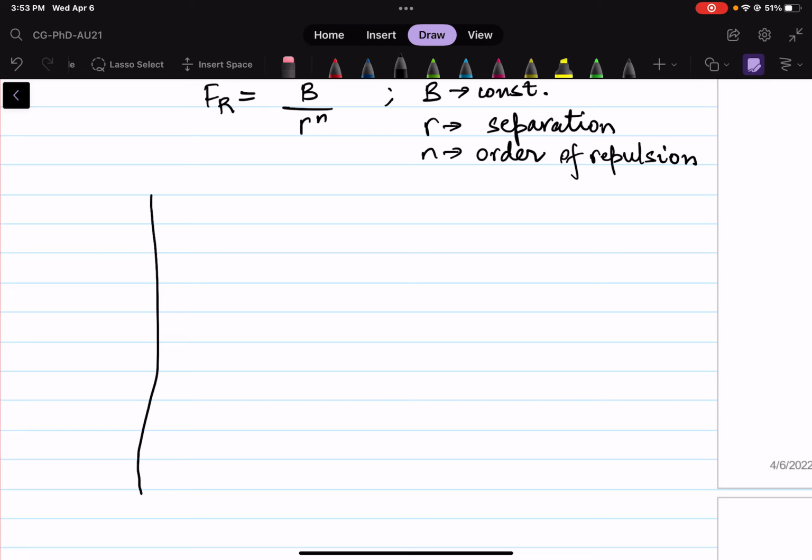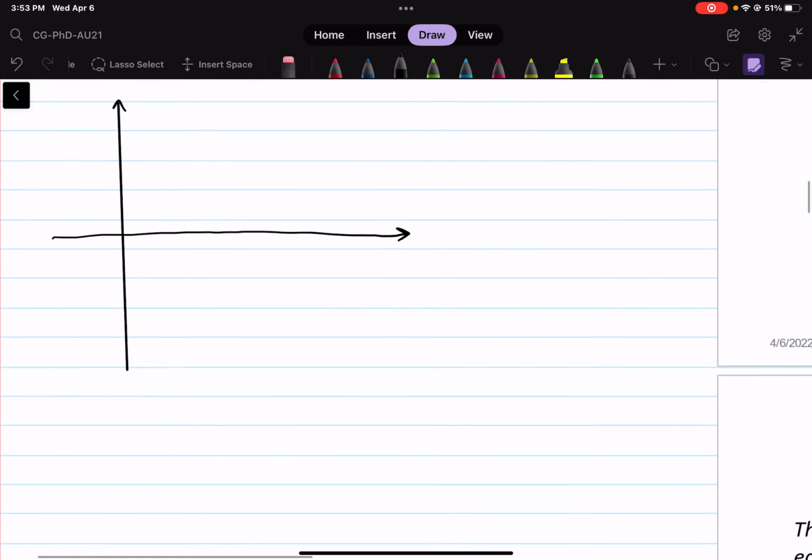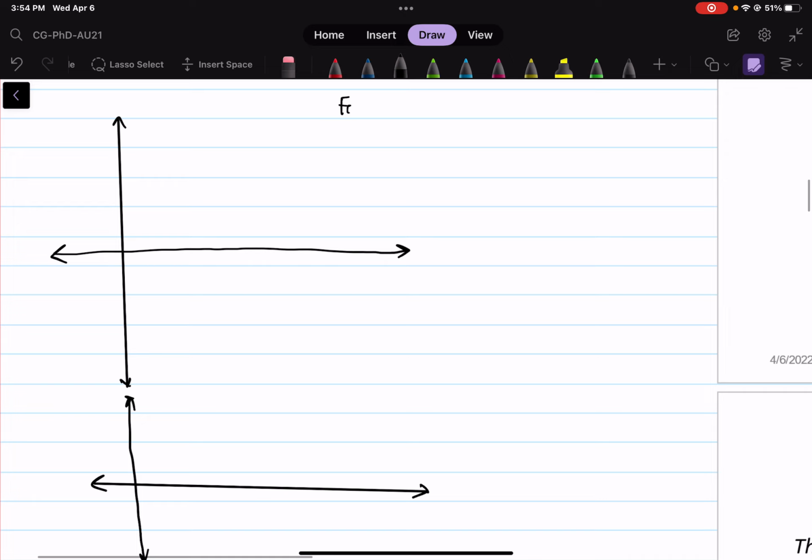So I'm going to make this line, and then let's have this one over here, this one over here, this one over here, and then I will try to have the energy curve in the same plot. Right, so the top one will be our force curve and the bottom one will be the energy curve.